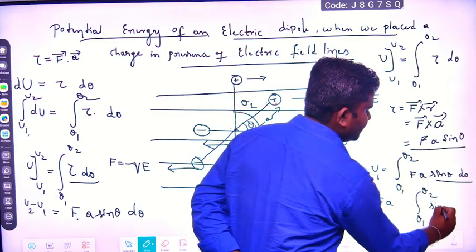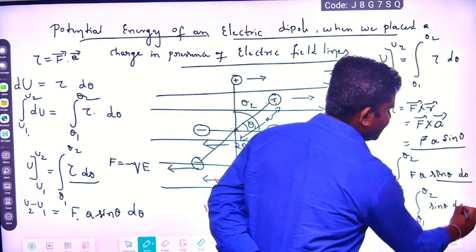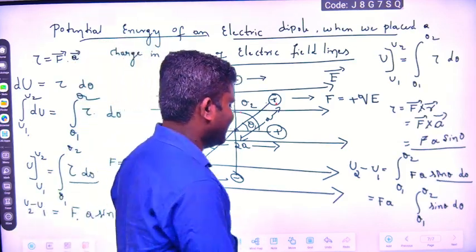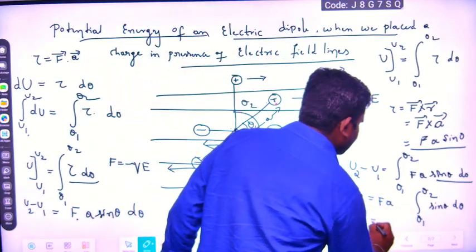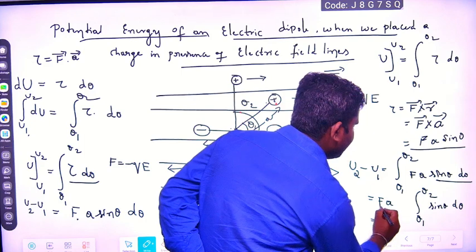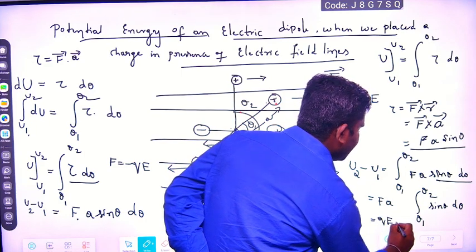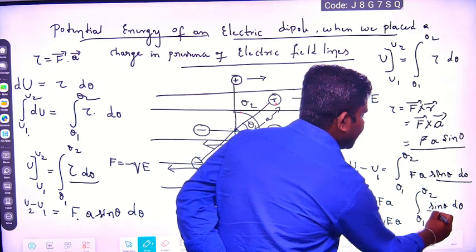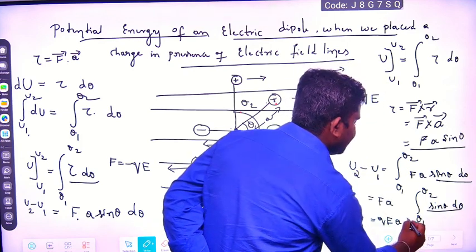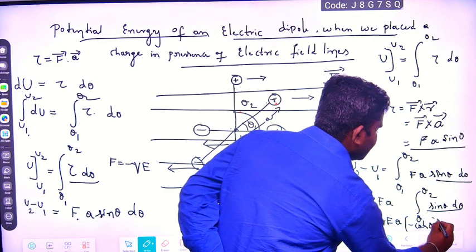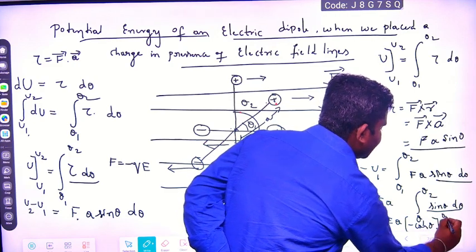What is the integration of sin theta? Okay, so F is equal to QE, correct? And the integral of sin theta d theta is minus cos theta from theta 1 to theta 2.